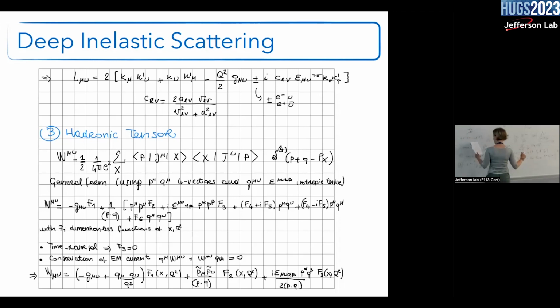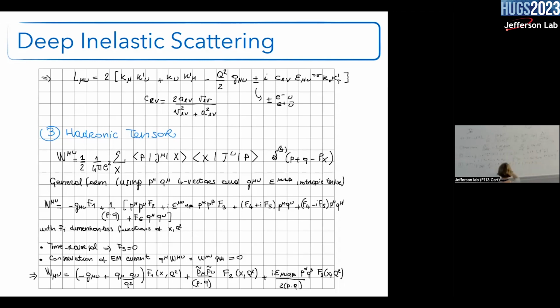Convention is convention. We weren't there to write the rules ourselves because we were too young. Me too. So you have the sum over X, and then the matrix element of proton, QED current, because we know it's a QED current, X, J mu, bar, P.